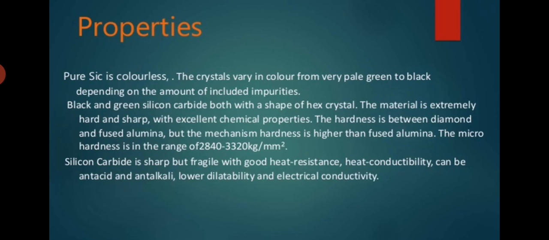The micro hardness is in the range of 2840 to 3320 kilogram per mm square, and silicon carbide is sharp but fragile with good heat resistance and heat conductivity, can resist acid and alkali, and has low expansion and electric conductivity.